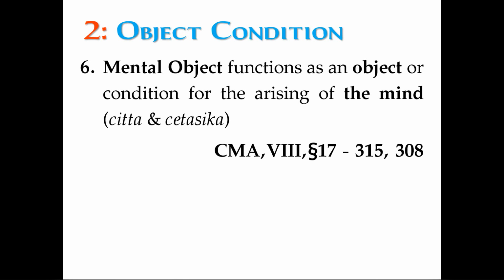They are an object for the arising of citta and cetasika. So all these 6 objects are the cause. Because of those objects, we have citta and cetasika, mind, right?